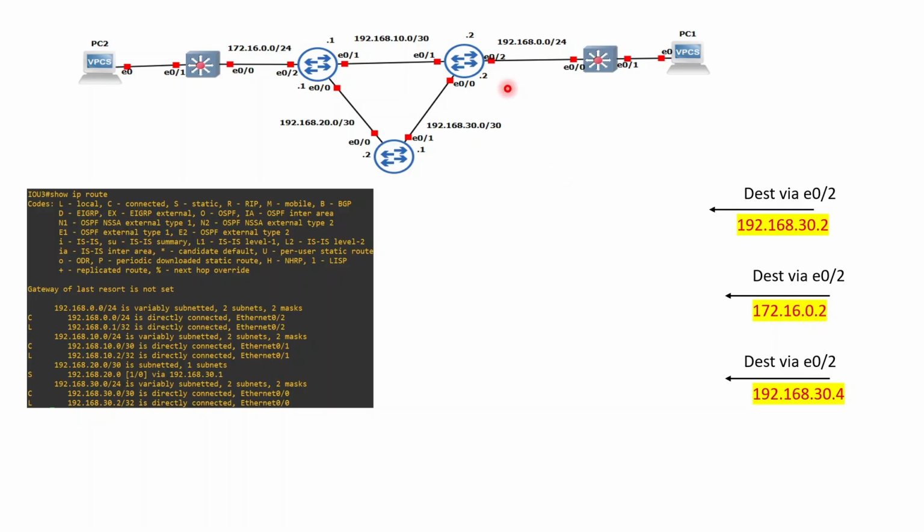For example, this router has received a packet from its interface Ethernet 0/2, and the packet contains a destination IP address of 192.168.0.2.